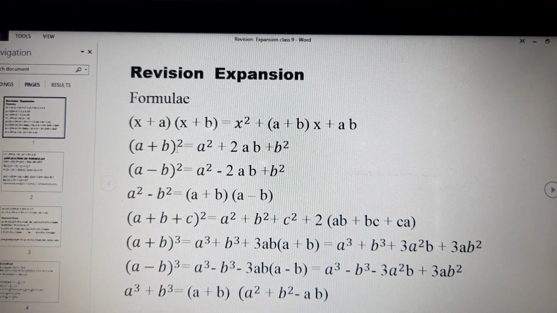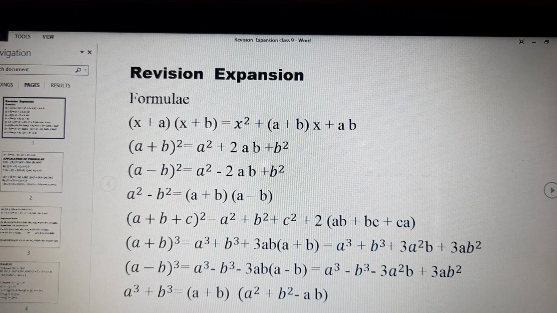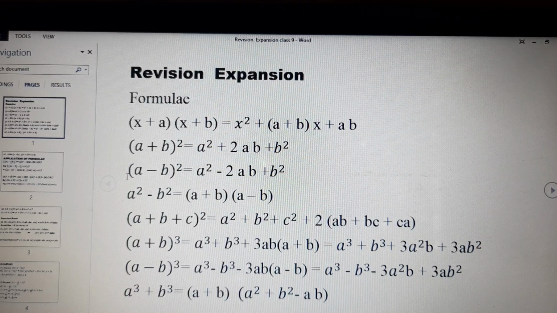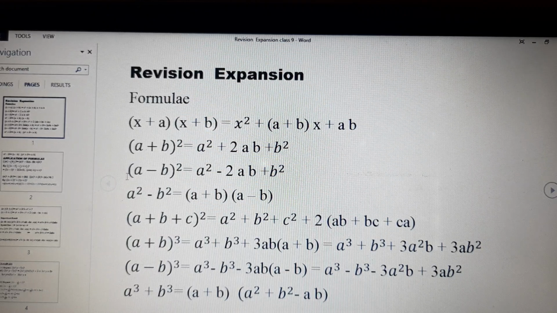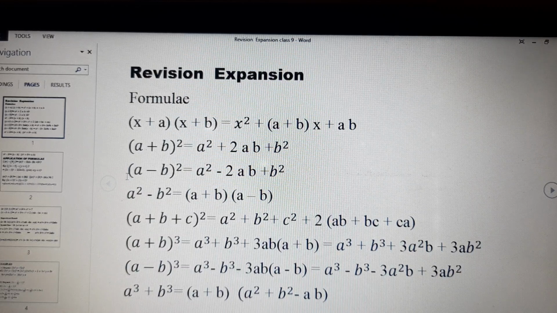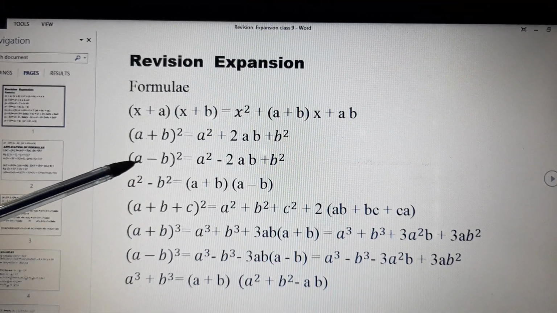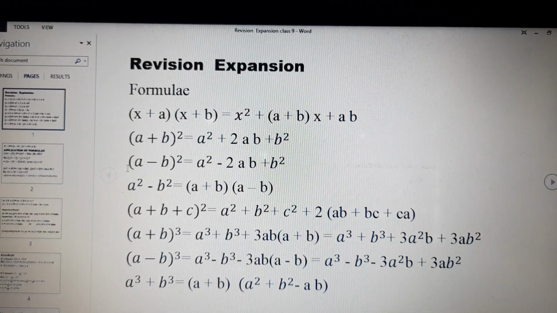(a + b) whole square is equal to a square plus 2ab plus b square. Everyone knows, you have done it in class 7th and 8th also. (a - b) whole square is equal to a square plus b square minus 2ab, or you can read it like a square minus 2ab plus b square. Here also, it is not necessary that a and b are monomials.